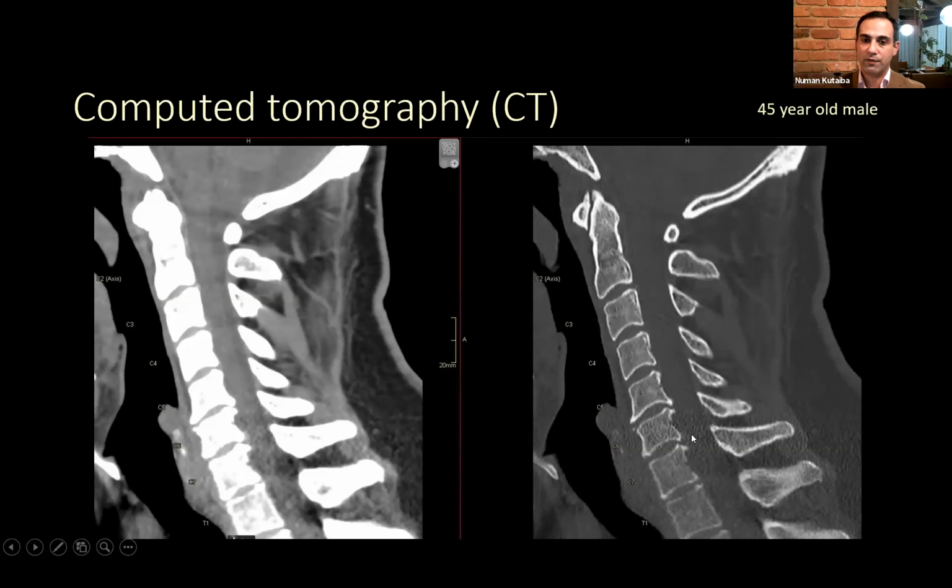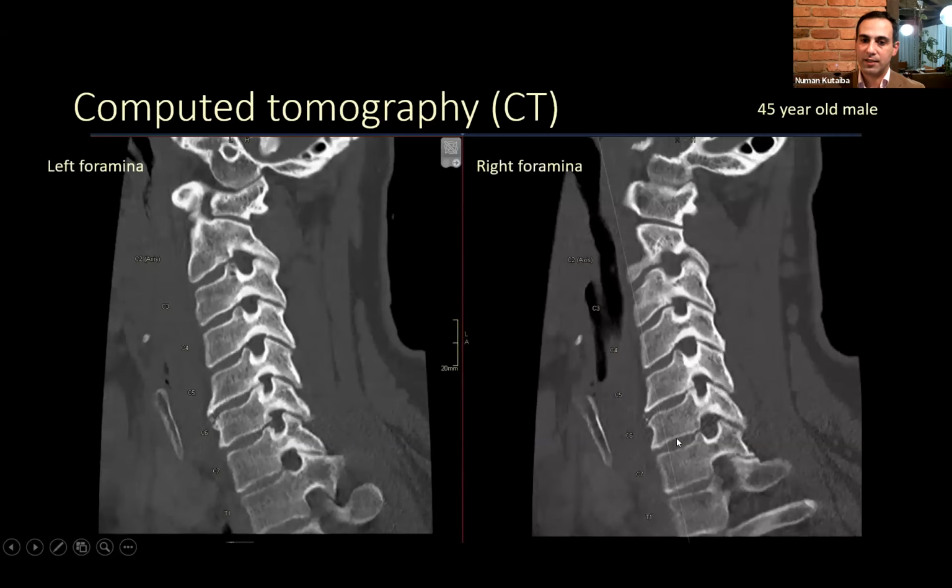This is a sagittal format that's equivalent to the lateral view of the cervical spine. This is in a 45-year-old male patient who's already presenting with some degenerative changes. We can see at the C5-6 and C6-7 levels some disc ossified changes. You can do oblique reformats to check the foramina, and on the left side you can see narrowing of the C5-6 and C6-7 foramina.